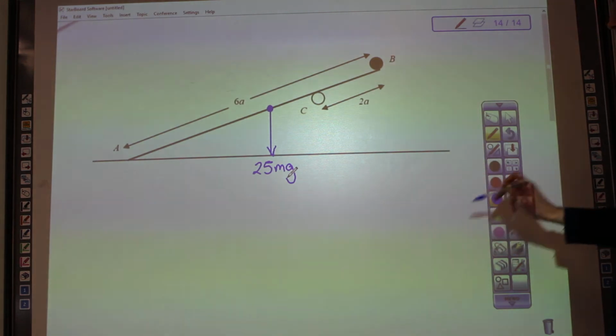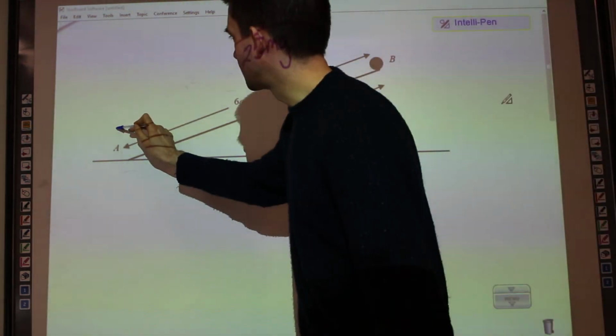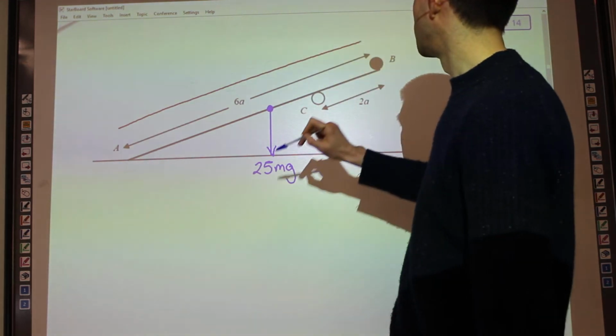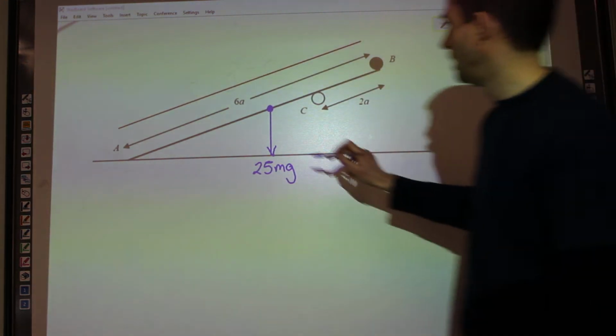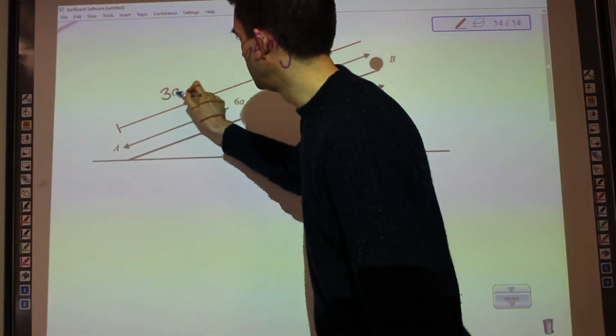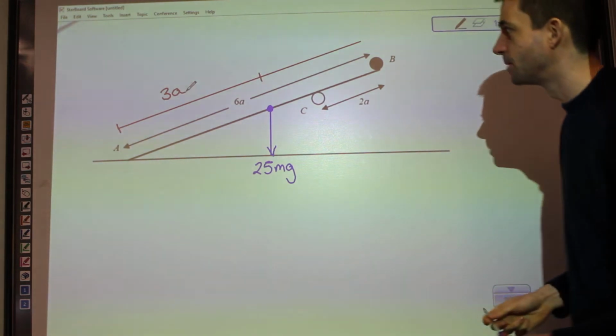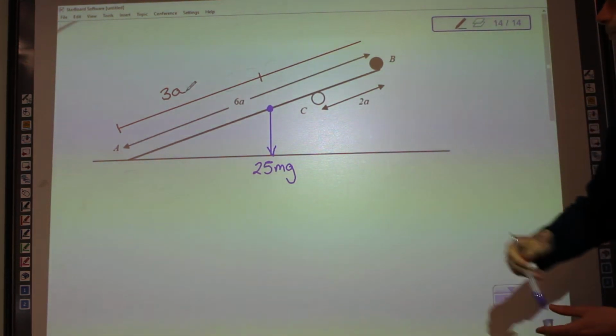We know that the whole length of the rod is 6A, so I need to indicate that the distance there is half of that, it's 3A, because this is a uniform rod and it's therefore halfway.